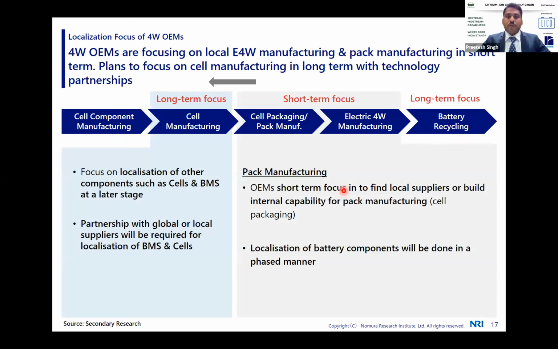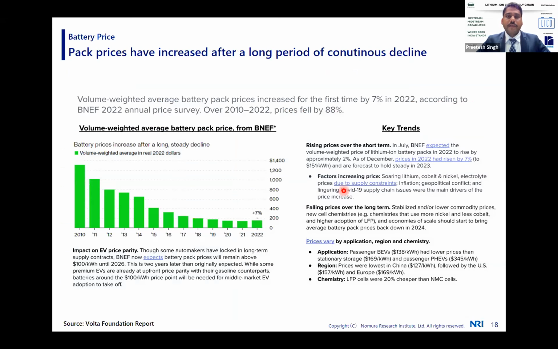Automotive OEMs in India are not only depending on the battery manufacturers, but they themselves also plan to be present in this entire battery value chain. For example, some of the OEMs, along with vehicle manufacturing, also want to be present in cell manufacturing with a JV with a company.